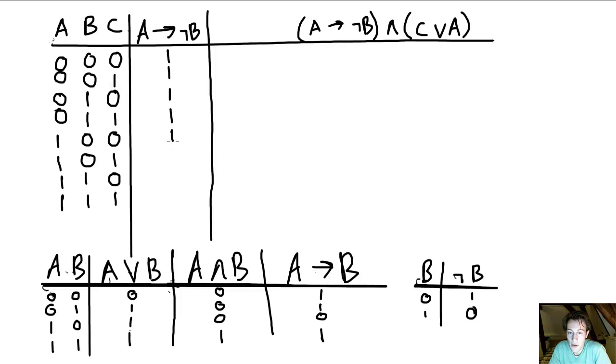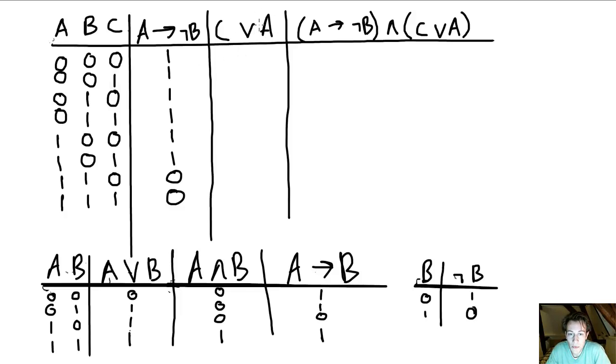So we get a 1 over here, also 1 over here. But now this is a 0 and this is also a 0. So we get a 0 over here and a 0 over here. Well, the second part, this part, C or A.